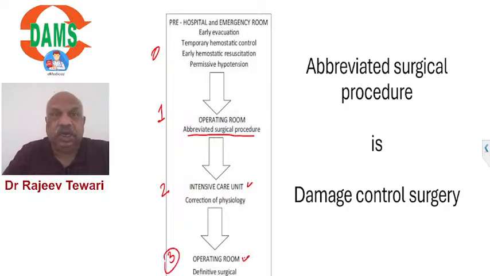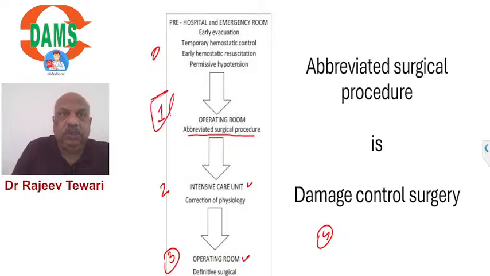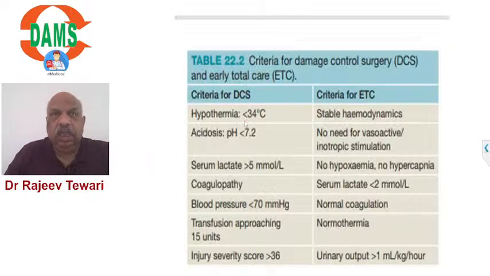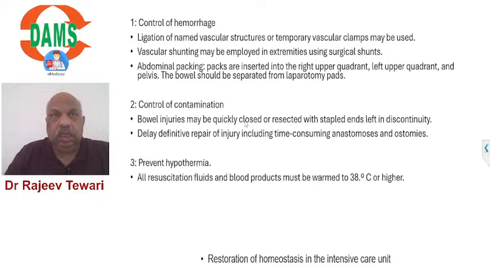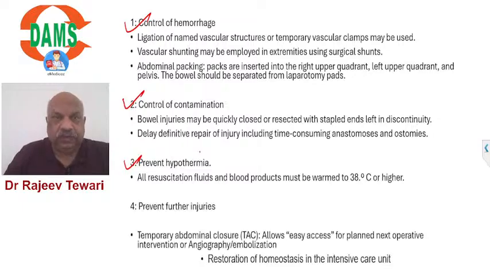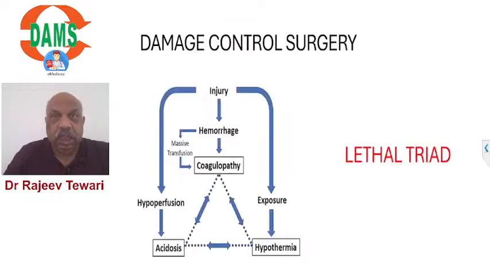Vascular anastomosis etc. is done in phase 3. There could be a phase 4 also for complications like incisional hernia etc. So in phase 1 your aim is only abbreviated laparotomy where you control hemorrhage, control infection, prevent hypothermia and restore the physiology, prevent further injury. And this is the lethal triad: coagulopathy, acidosis and hypothermia.